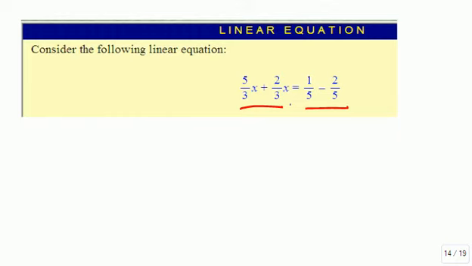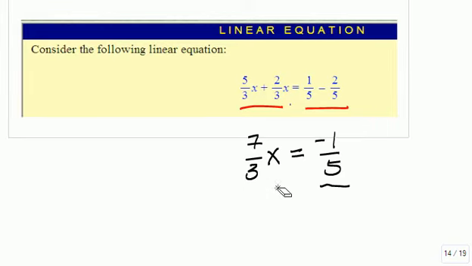On the left, we've got 5/3 x plus 2/3 x, and if we add those, we would get 7/3 x equals, and on the right, 1/5 minus 2/5 is a negative 1/5. And I notice all of my variable terms are on the left, and all of my constant terms, my plain old numbers, are on the right. So that's how we skip step 2. We didn't have to move things on either side by adding or subtracting.